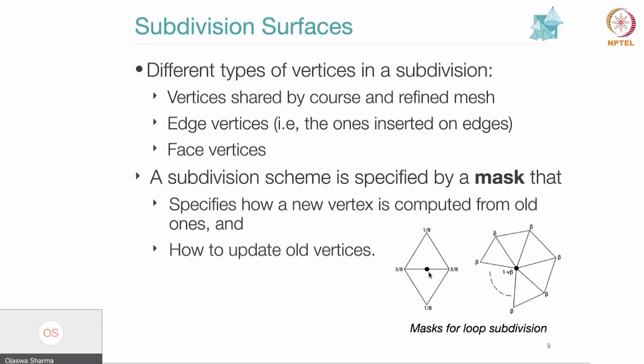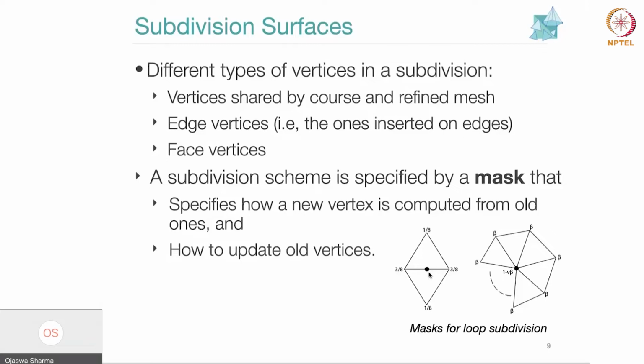So you multiply the vertices by these weights and take a convex combination, and that becomes the new coordinate for this central vertex, right? So that's how you create a new edge vertex. And this one is the mask for the loop subdivision scheme, which we will see in a moment. So that's for the new vertex.